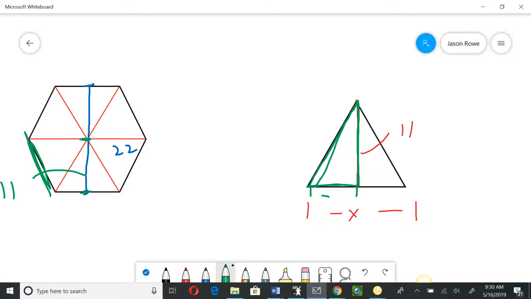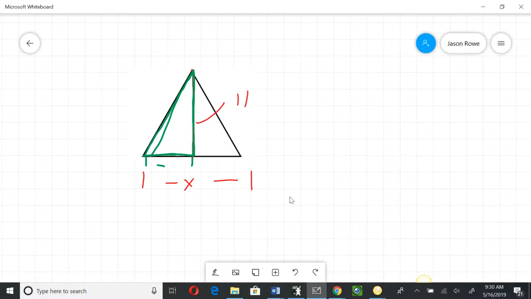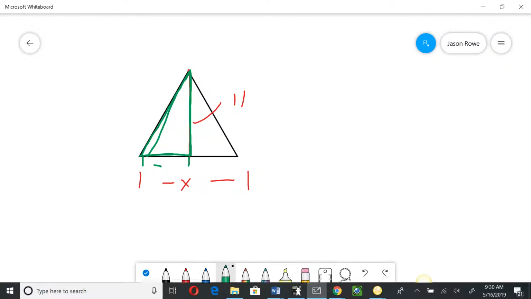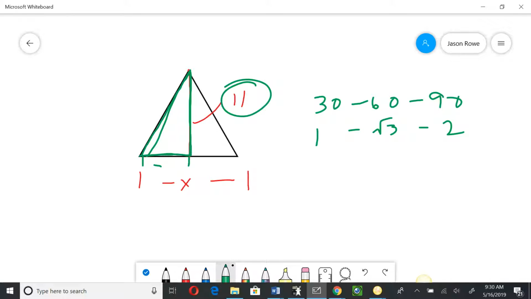So remember our 30, 60, 90 rules. 30, 60, 90 is what we're using. Those rules are 1, square root of 3, 2. So if I know this, to figure out this distance right here, I take that value, 11, and divide it by the square root of 3.